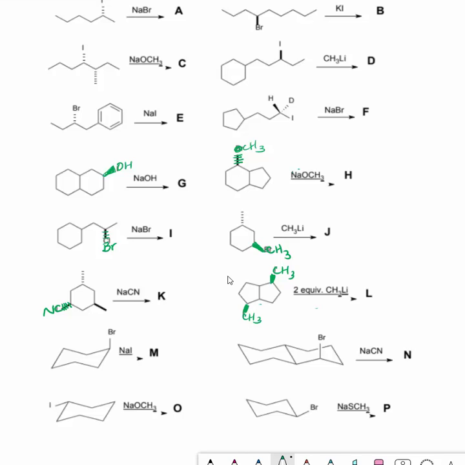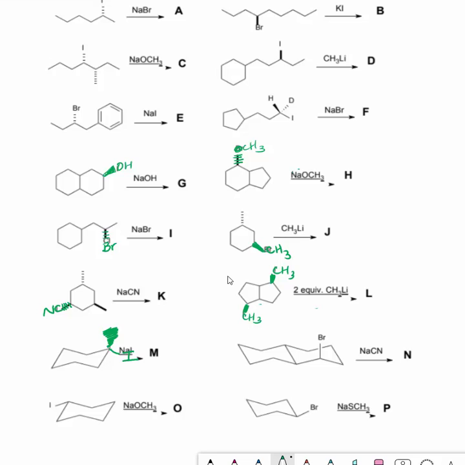For M, this is a conformation of a cyclohexane ring. Our nucleophile is a charged iodine. We will have the iodine come from underneath the ring because the bromine is on top of the ring, and then we will push the bromine off. Now when we do that, and I'm not sure how to show this best, but if I scratch this baby out and then I put the iodine under the ring here.